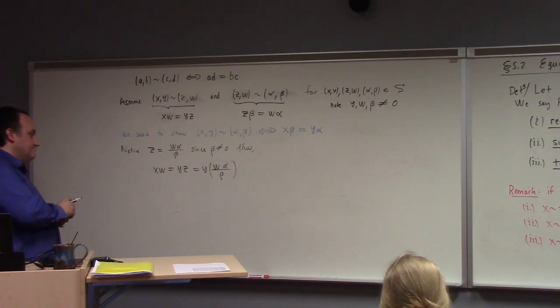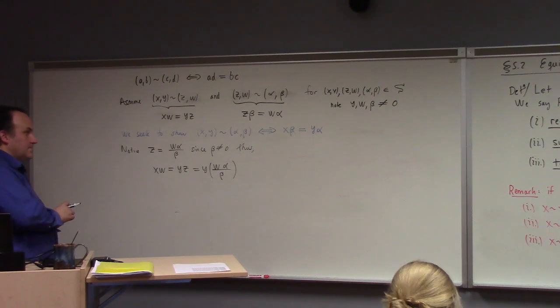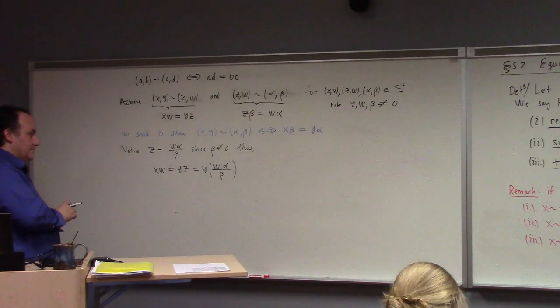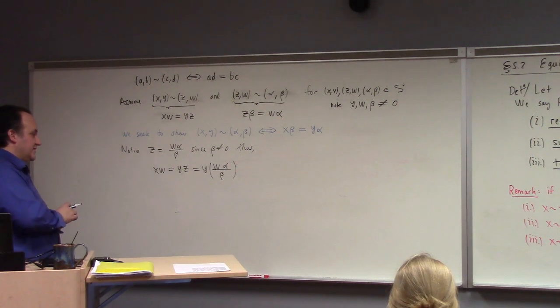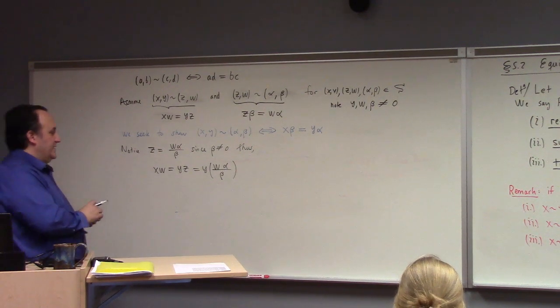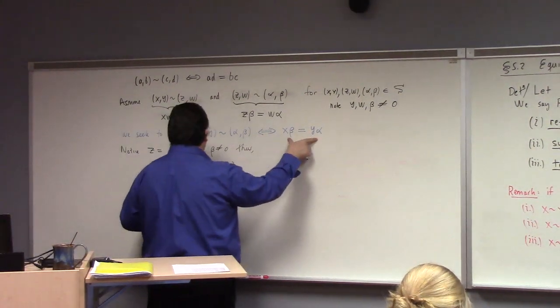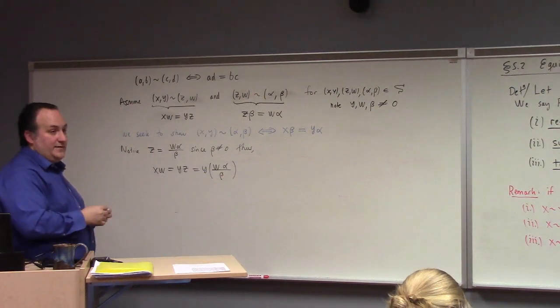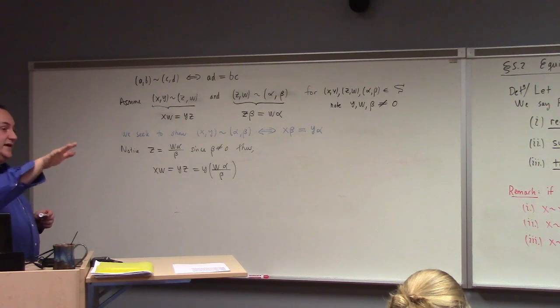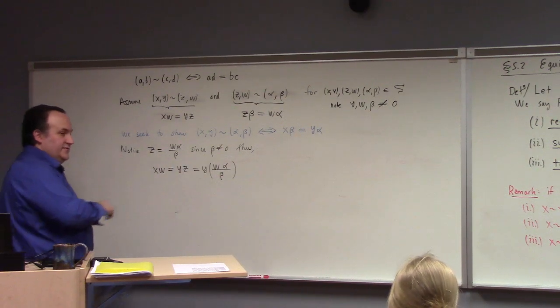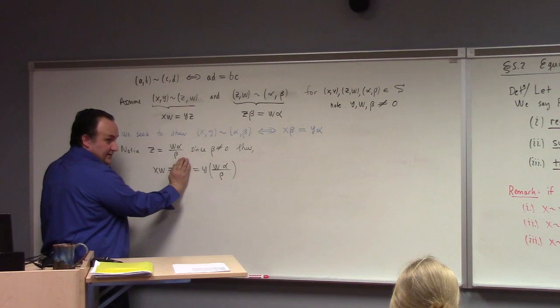Then what are we going to do? Y's cancel. Well, I suppose they do, but I don't think that helps us, because we're trying to get to X beta equal to Y alpha. And you don't want to cancel that. That Y is mission critical. But this was an excellent idea, and you're almost there. Just ignore my YZ.